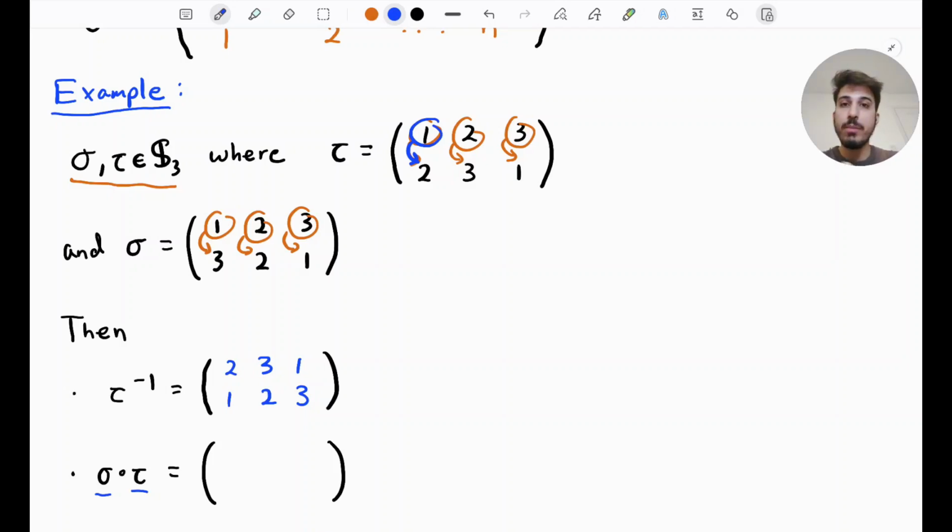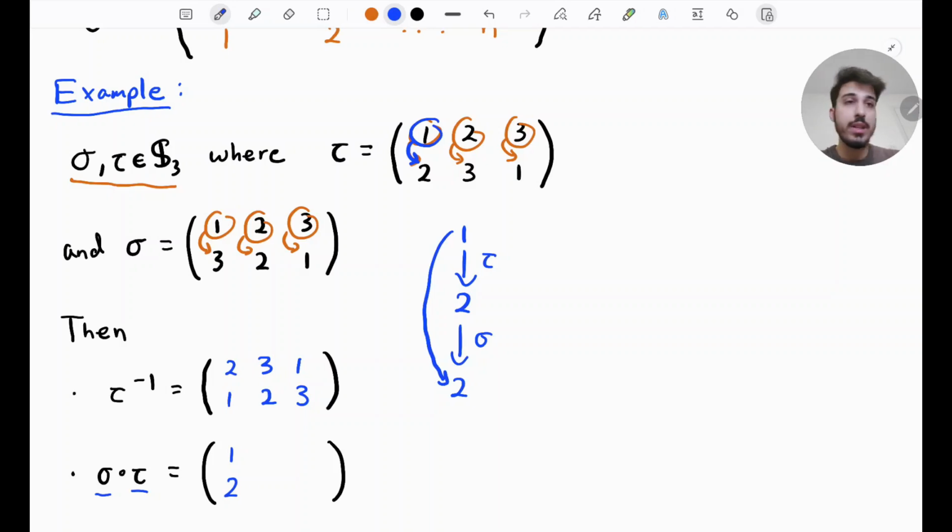So if we combine these two operations together, we see that tau sends 1 to 2, and sigma sends 2 to 2. So at the end of the day, the composition of both sends 1 to 2.